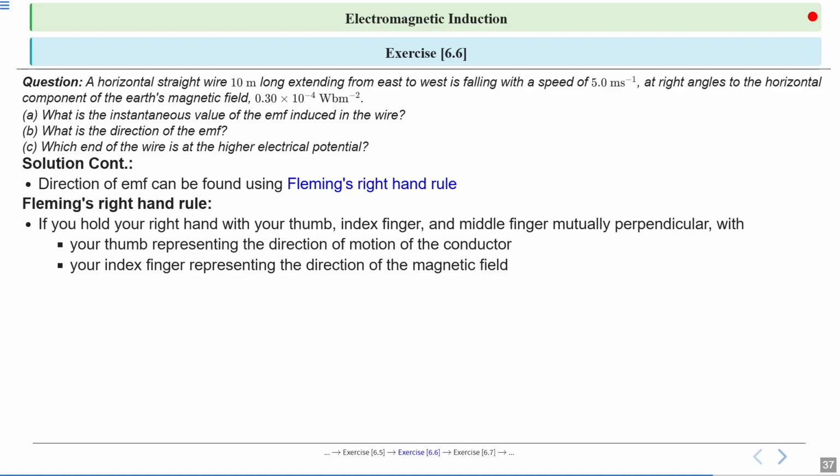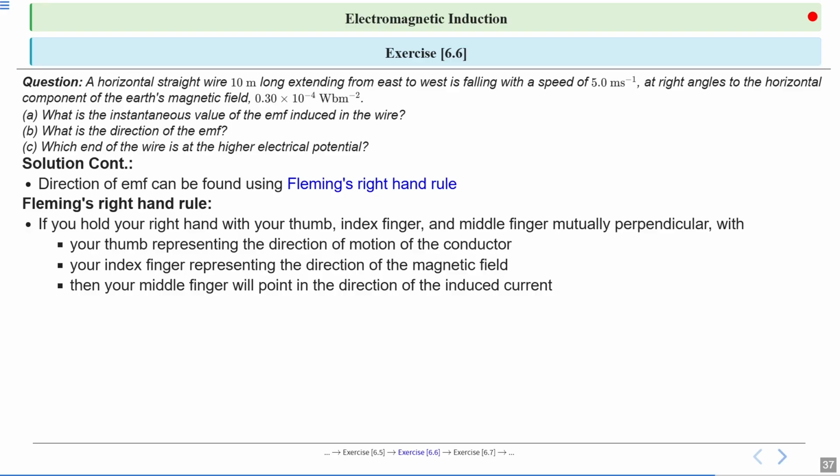Okay. So motion of the conductor is in downward direction. Index finger is representing direction of magnetic field, which is from south to north. Then your middle finger will point in the direction of induced current. So middle finger is pointing in the direction from west to east.